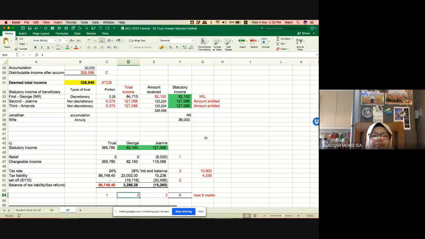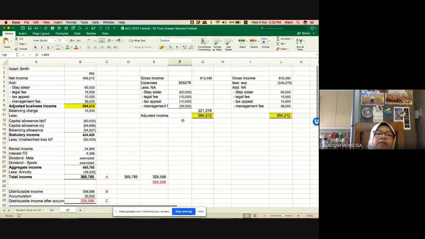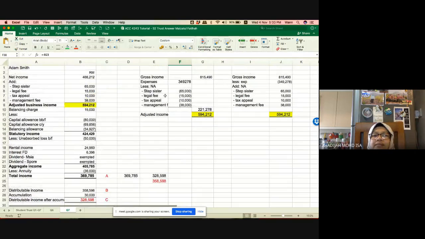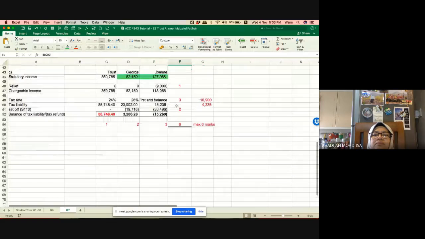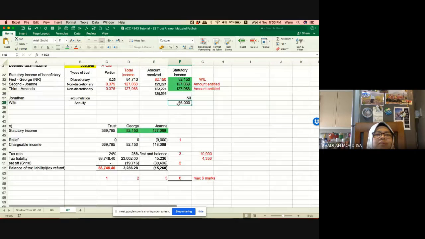Depends, right? But in this case, it should not be 36,000. You can add on the trust management, the 38,000, it should be here also. But I don't know, the scheme never thought of that question. But it's a good question. Right? I want to put my answer.